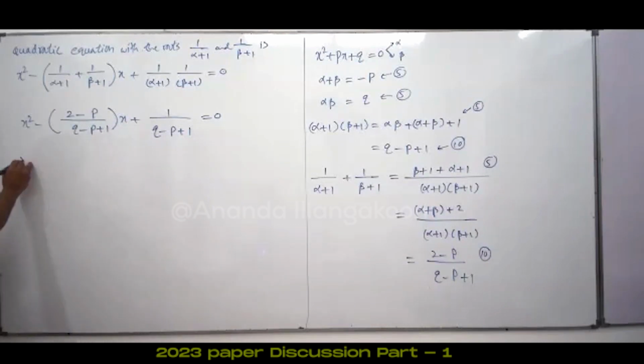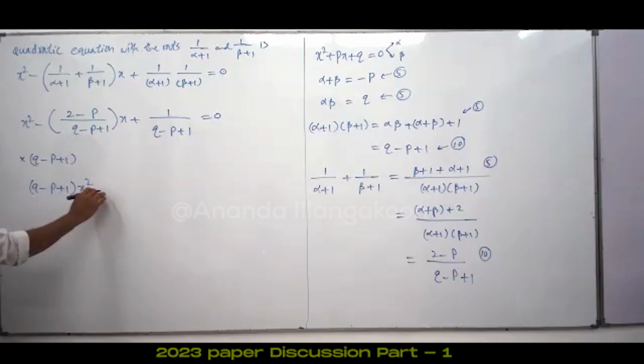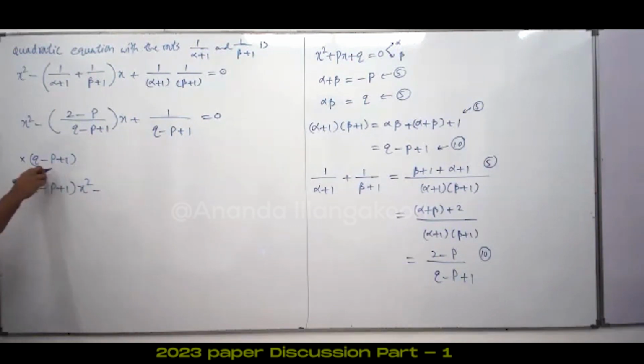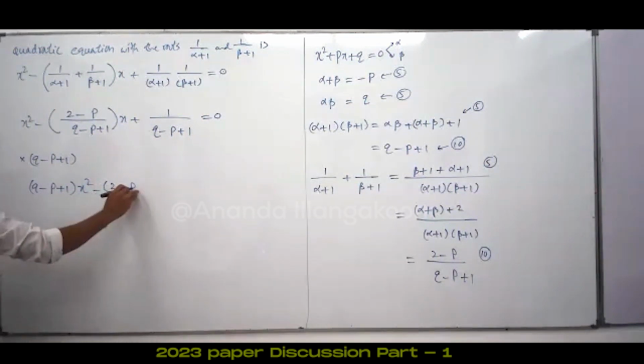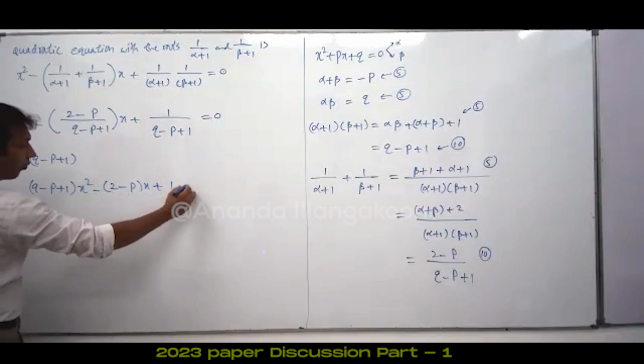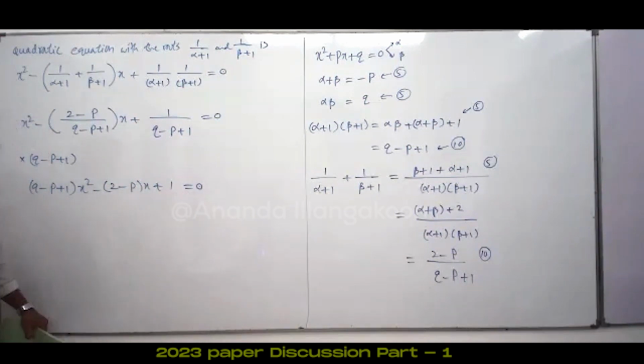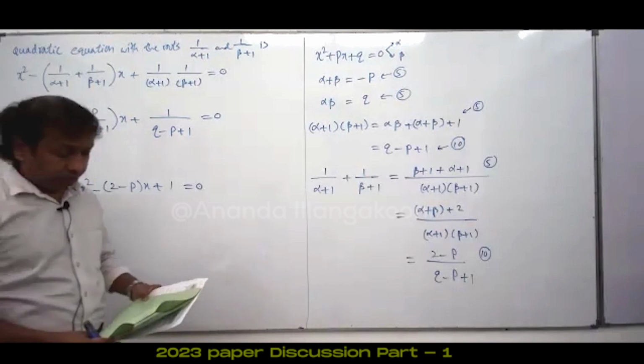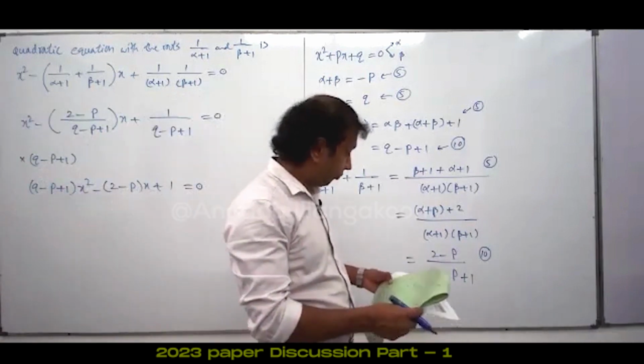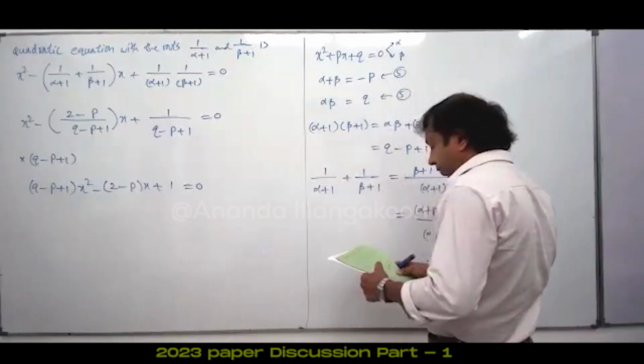Then we can multiply by this q minus p plus 1. Then this q minus p plus 1 x squared, this will cancel with this multiplier. 2 minus p times x plus 1 equals 0. This way we get that answer, right?